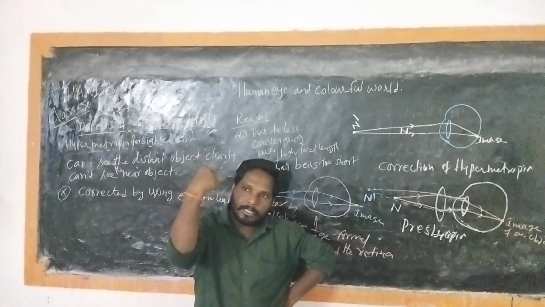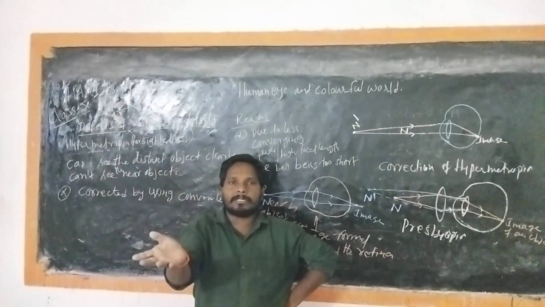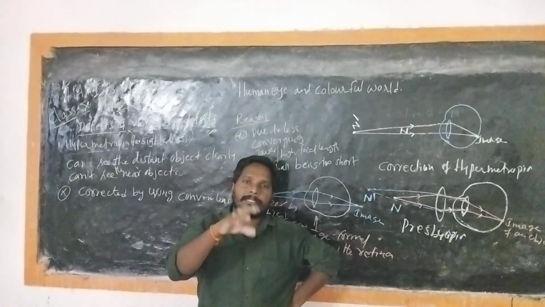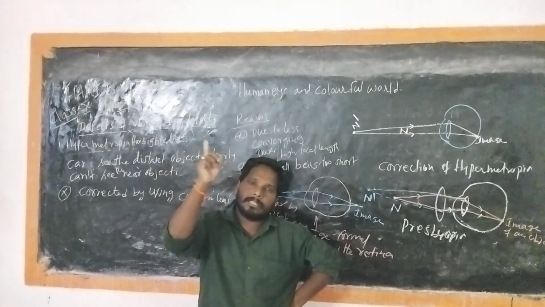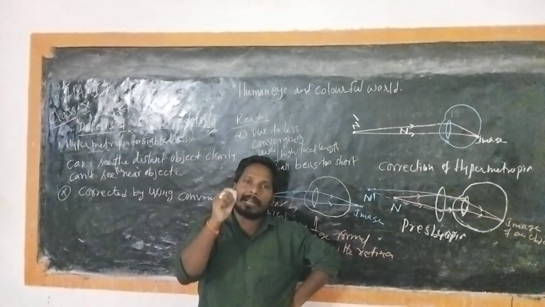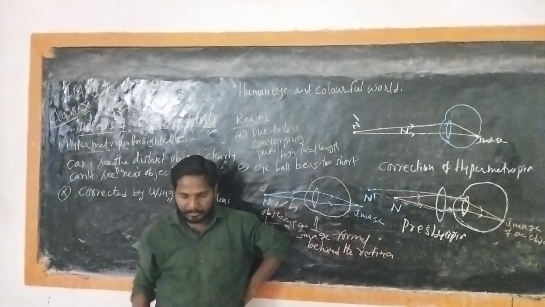So unable to see the far objects, unable to see the nearer objects: to see the objects clearly, the spectacles must contain two types of lenses.